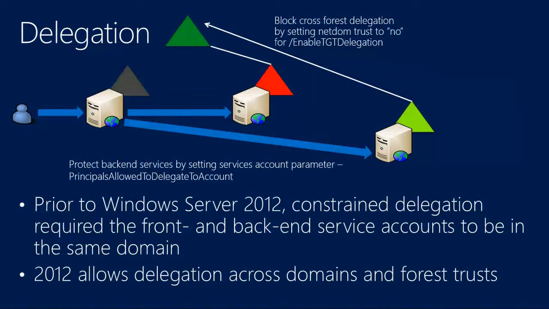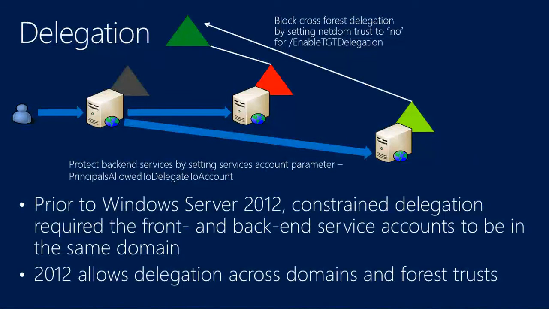There were restrictions that the accounts running the services on the front-end system and the back-end system needed to be in the same domain. That restriction has now gone, which for a lot of customers I've worked with will be a godsend. You can also do it between domains, so you can do cross-forest delegation as well.